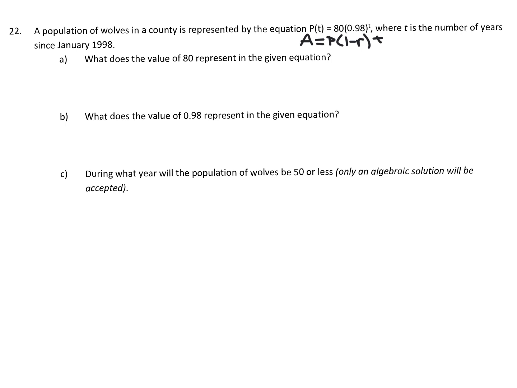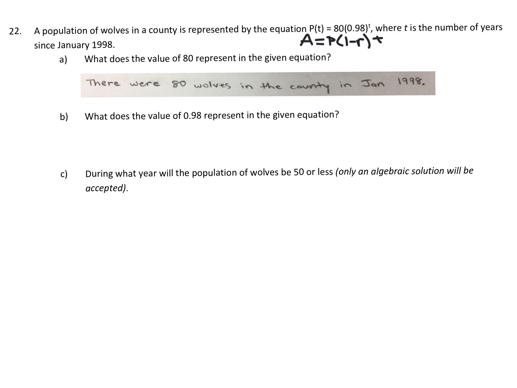And why I'm saying decay instead of growth is because remember, if this number is less than 1 in the parentheses, it means it's going down, it's decaying. But anyway, for part A, what does the value 80 represent? Well, 80 is in the same spot as the initial, right? P is the initial amount, the principal amount. Now the initial what? Well, the initial population of wolves. And when I say initial, I mean in January of 1998.